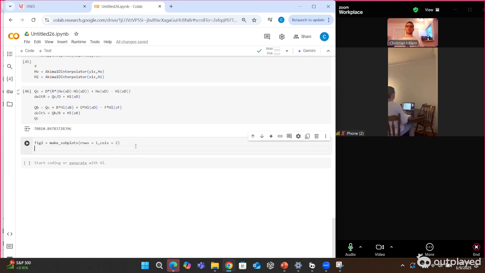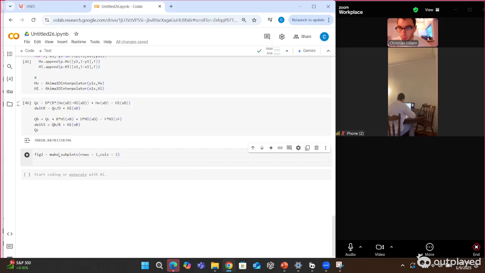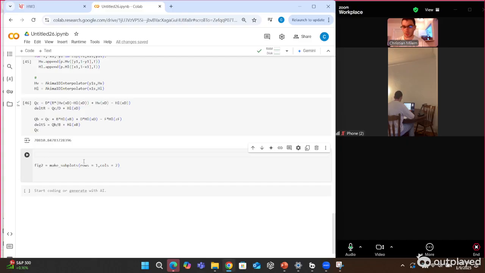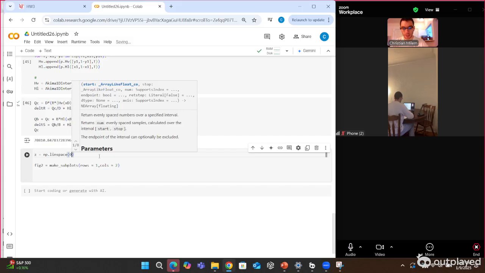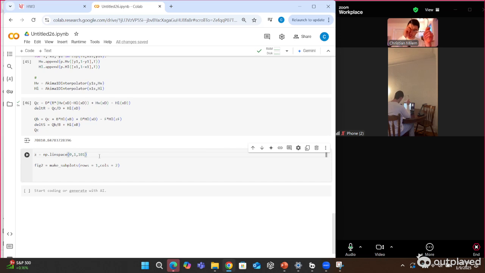We're going to make a Ponchon-Savarit and then another McCabe-Thiele. Our x-axis is going to be our mole fraction. So we'll just call that z. So z equals np.linspace. We'll make that like we did the other one, 0 to 1 with 100 spaces.